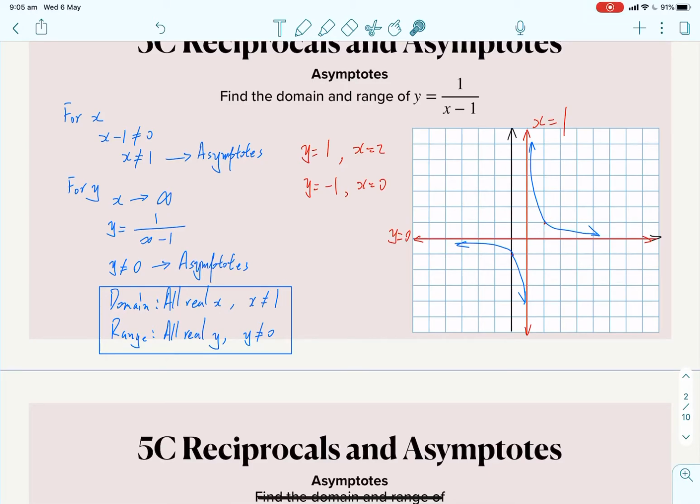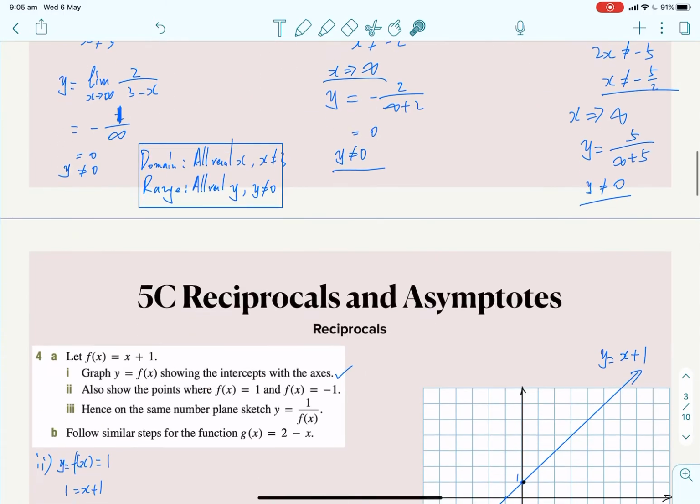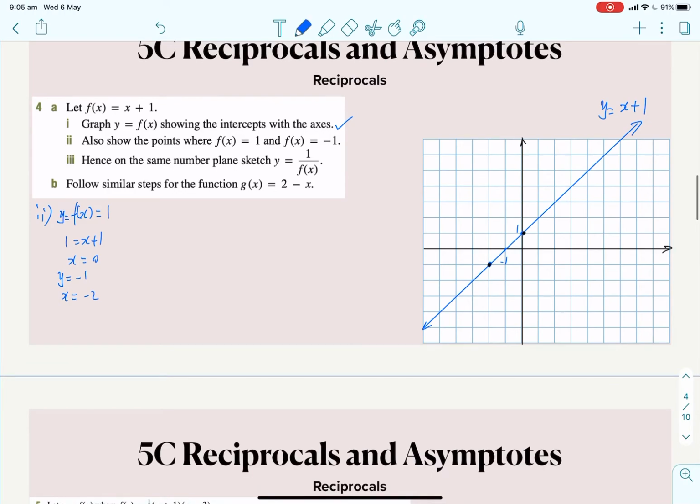Anyway, the reason we do y equals 1 and y equals negative 1 is because if we do the reciprocal, we're talking about 1 over f(x) here. So y equals 1 over f(x). That means y equals 1 over x plus 1, okay?